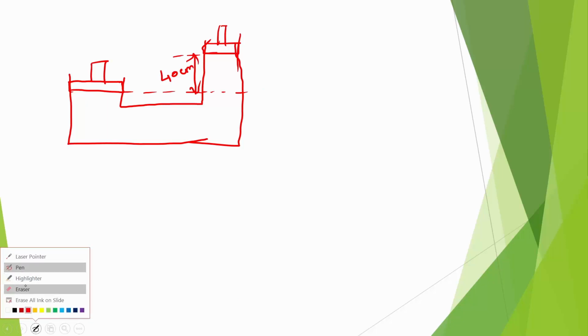So my total pressure now on the left hand side is P0 plus rho gh. We have just discussed this in the case of pressure. So P0 plus rho gh is your total pressure at this point. Now this pressure is being transferred here. So the pressure will be equal at the same level, and whatever pressure I have here is being transferred here.